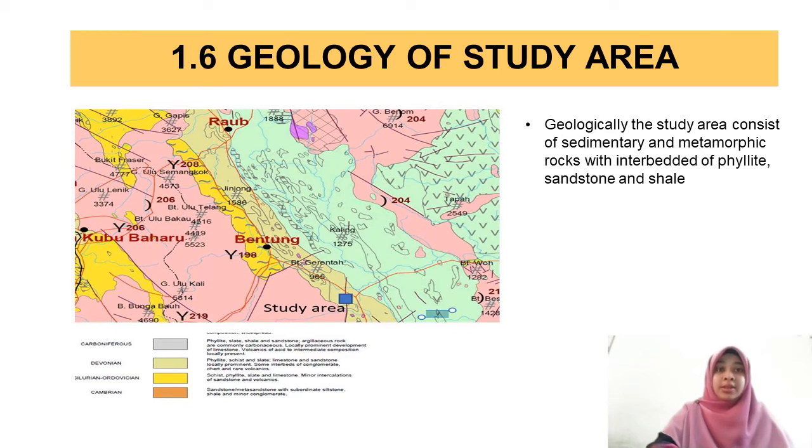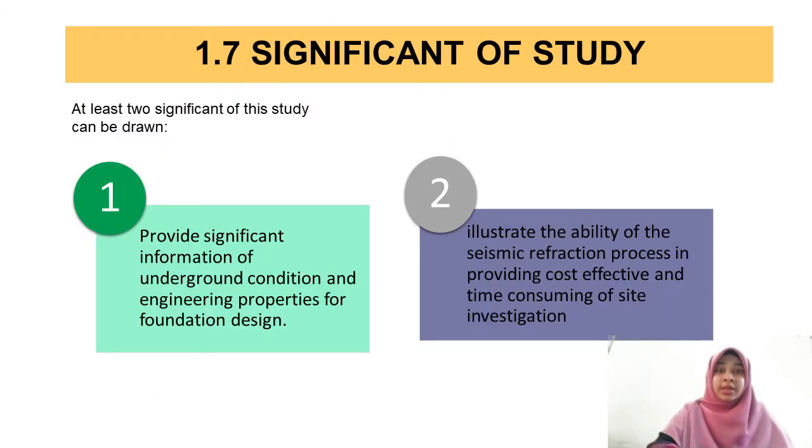In certain parts, this area may have rarely volcanic rock. Significance of study. Provide significant information of underground condition and engineering properties for foundation design. Illustrate the ability of the seismic refraction process in providing cost-effective and time-saving site investigation.